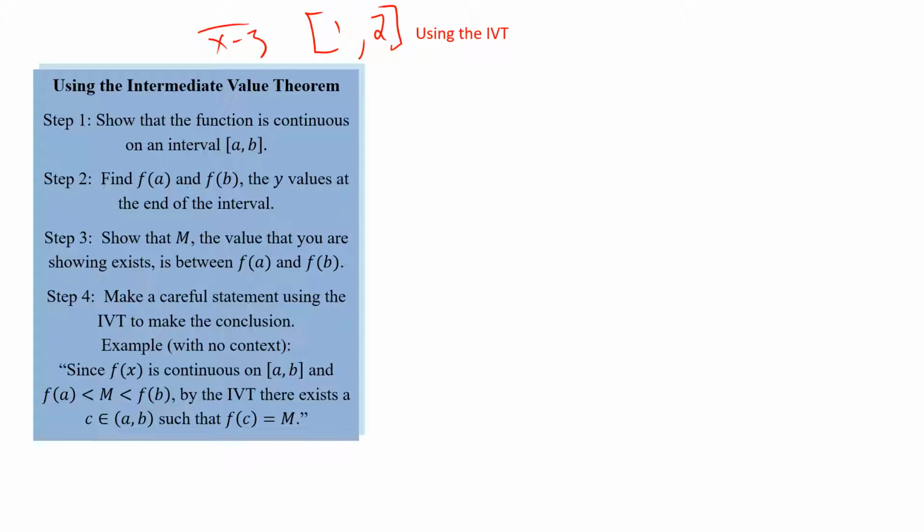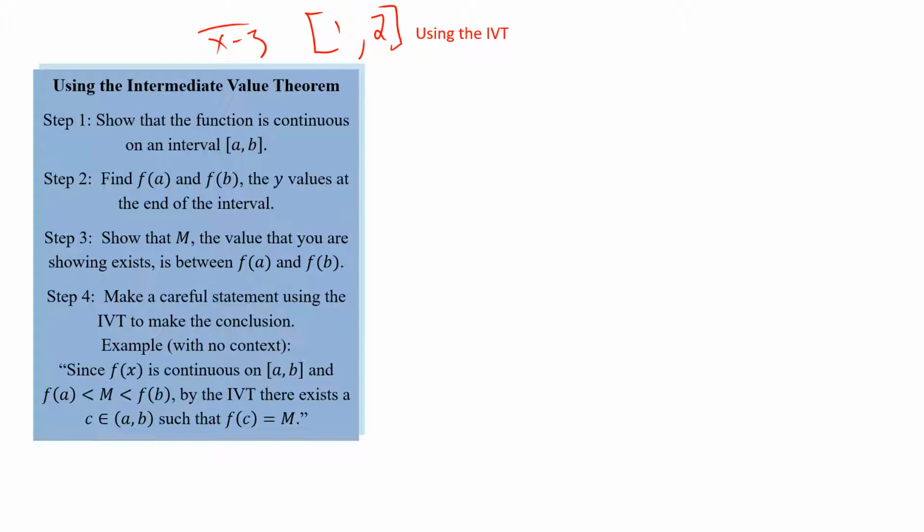An example, and this is without context, we'll see some with context, but this example is what mine will always look like. Your statement does not have to be the same, but it does have to include all the different components of it. This is the most concise, efficient, lazy way of getting everything into the same thing, and by using the same statement over and over again, I make sure I don't forget any of it.